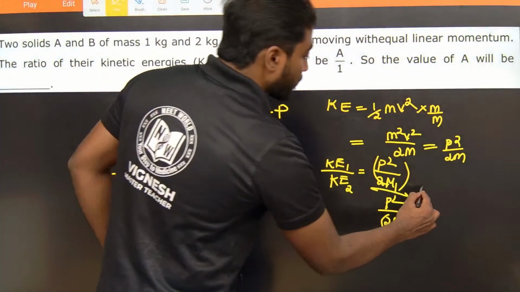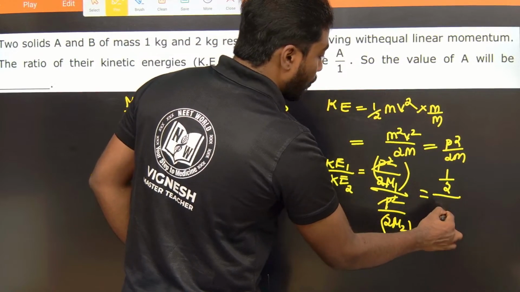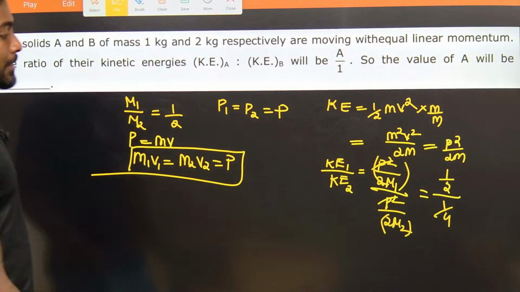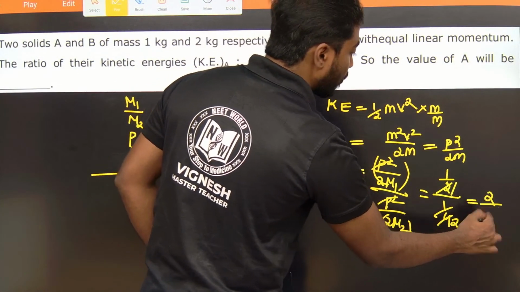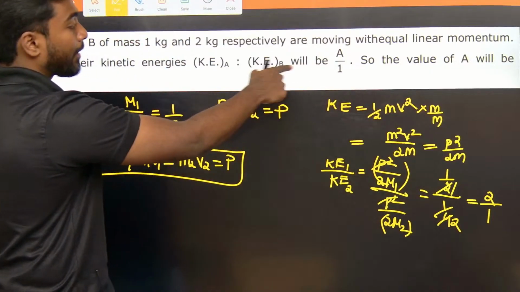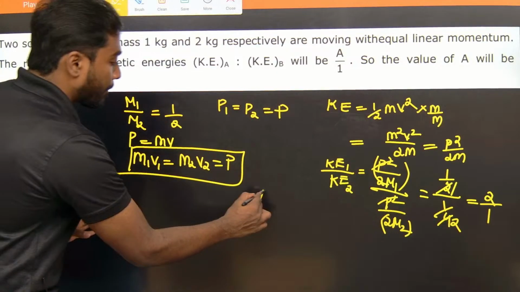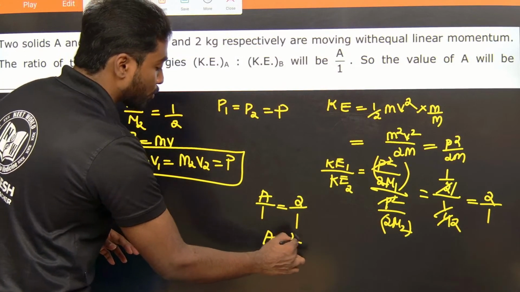I will get 1 by 2 by 1 by 4, which is nothing but 2 by 1. They have given kinetic energy A and kinetic energy B as A by 1. So A by 1 is equal to 2 by 1, which is nothing but A equals 2. This is the answer.